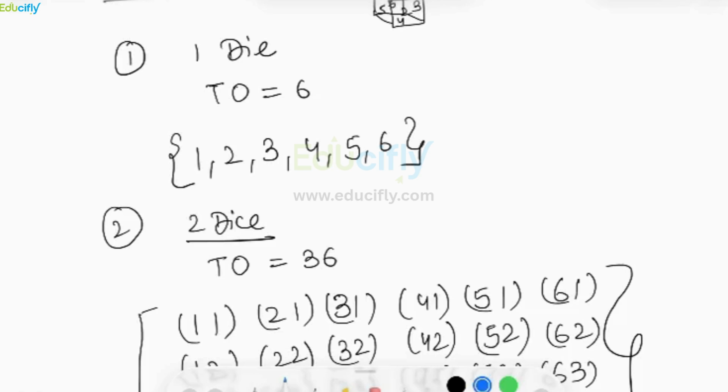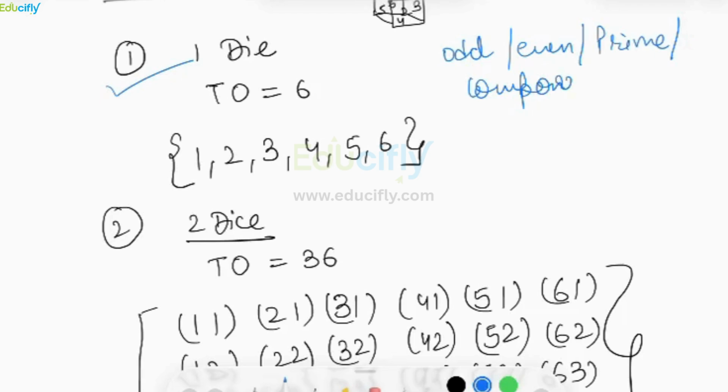What kind of questions arise in this? So if you are taking up this case, basically they can ask you, if we are throwing a die, what is the probability of getting an odd number? A very basic question, odd number. Or they can ask you about the even number, or the prime number, or the composite number, or maybe the multiple of 2 or 3 or 5, something like that, very basic things, right?